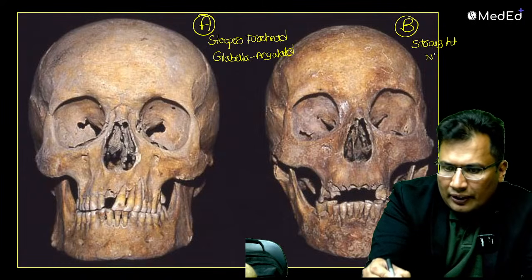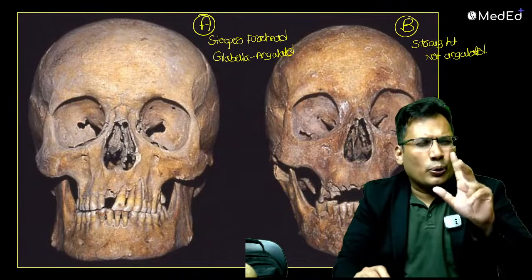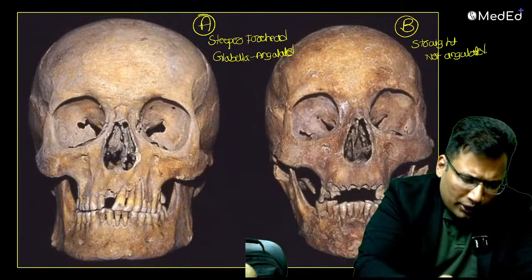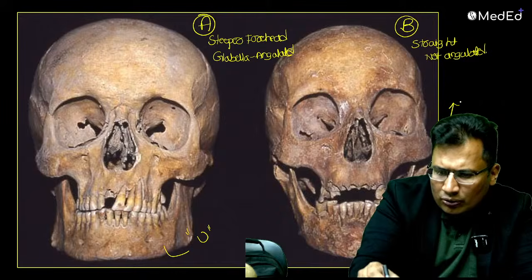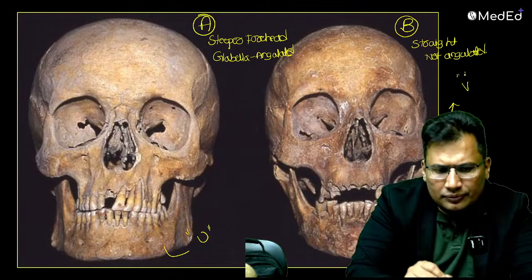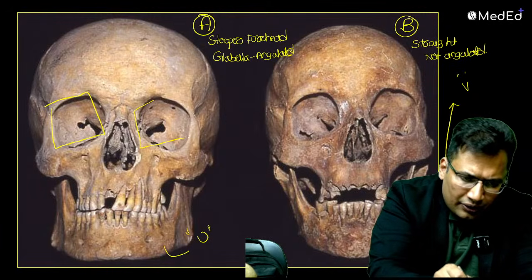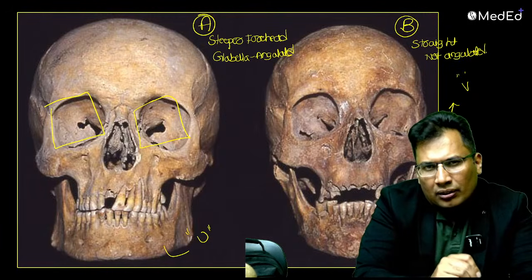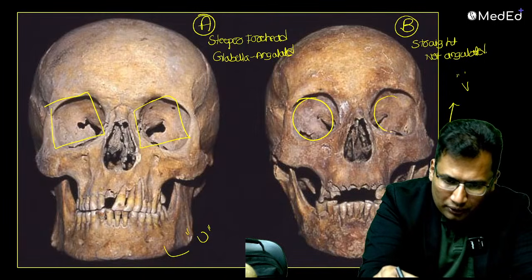Here not angulated. So 2 points only. There are many points. You can see U-shaped mandible also, U-shaped mandible, V-shaped mandible. Look at the eye. Orbits, they are square. Here they are somewhat round.